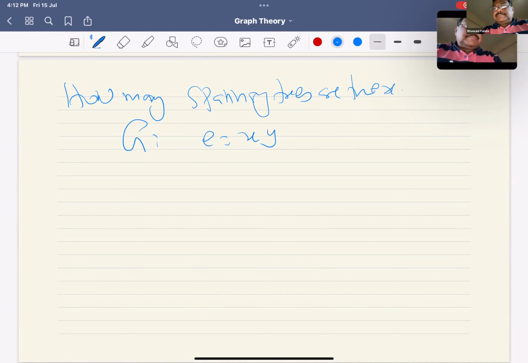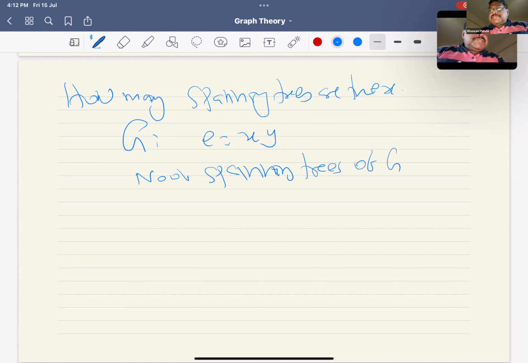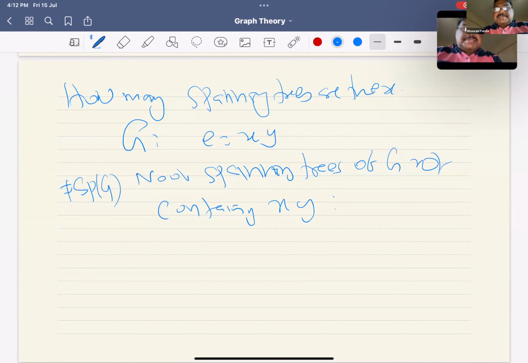So count the number of spanning trees of G containing xy, and not containing xy. Suppose, so I say that the number of spanning trees of G, right? This is the formula for the number of spanning trees of G.